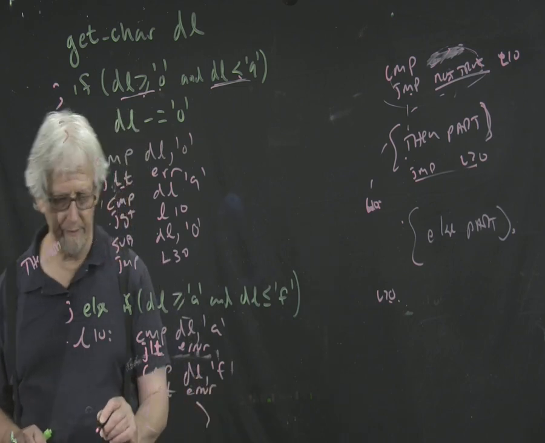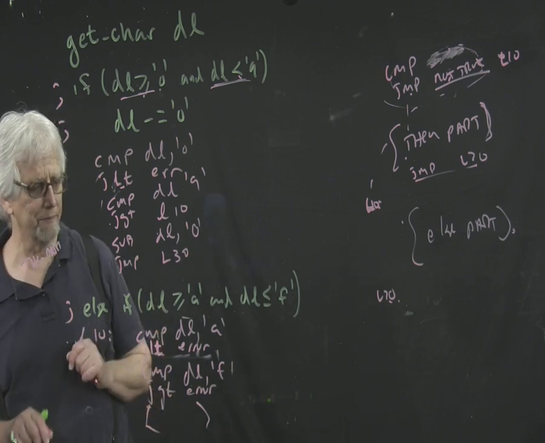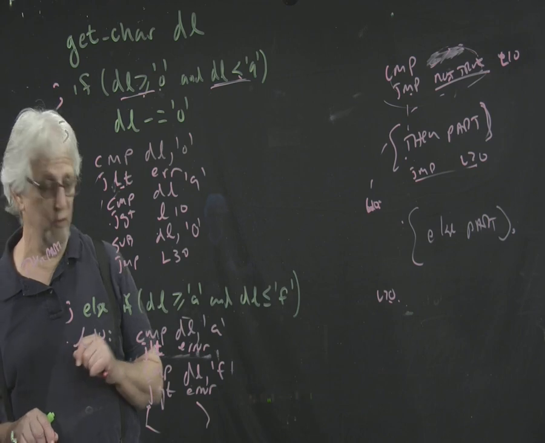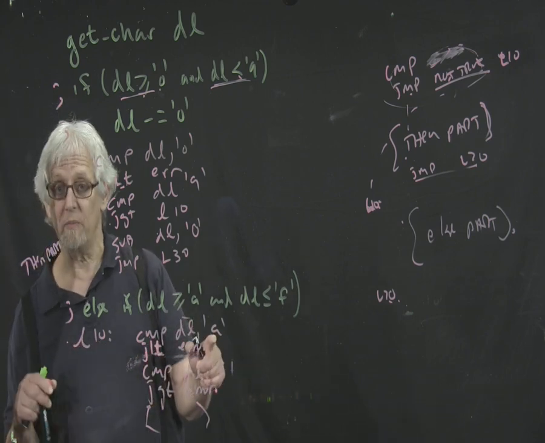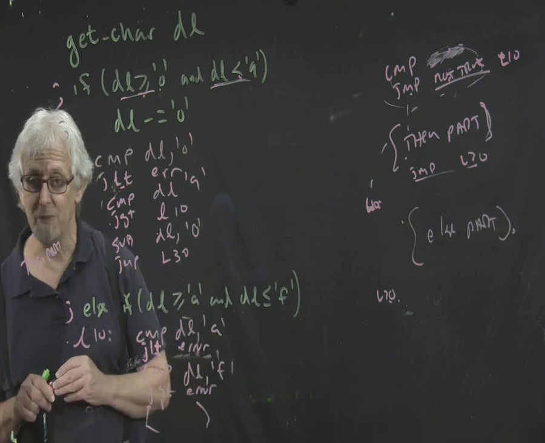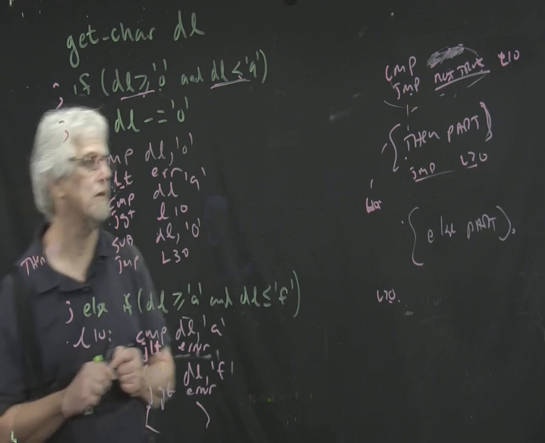Here's the then. Okay? So here's the then part of this if. And what we'll do is we'll take that. So this is some character. It turns out to be hex A.